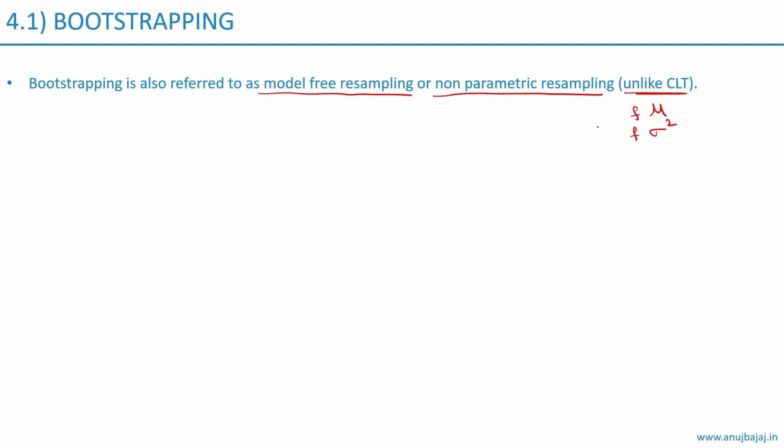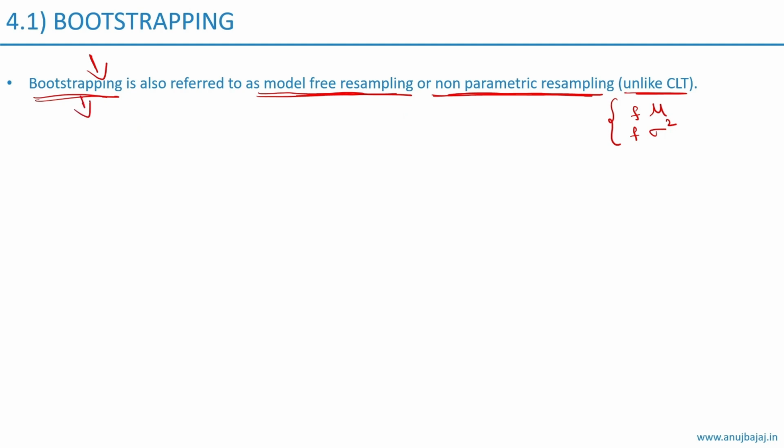That is, the central limit theorem will work only if certain parameters are satisfied. But this is not the case with bootstrapping. Irrespective of what the population parameters are, bootstrapping will still work. That's why it is called model-free or non-parametric sampling. Bootstrapping does not depend on the parameters of the population.